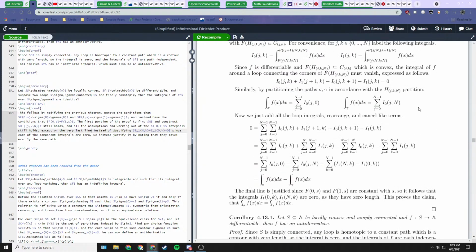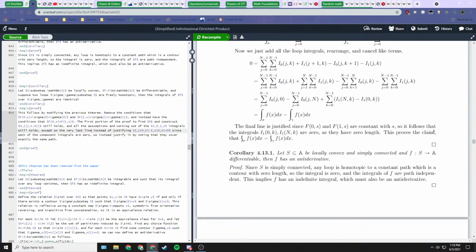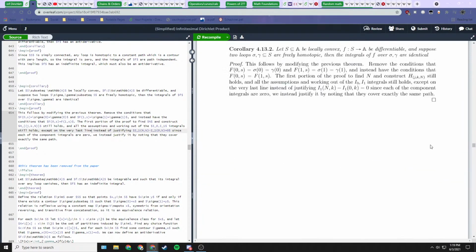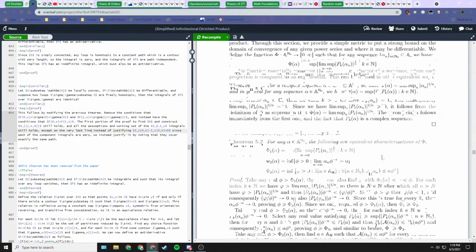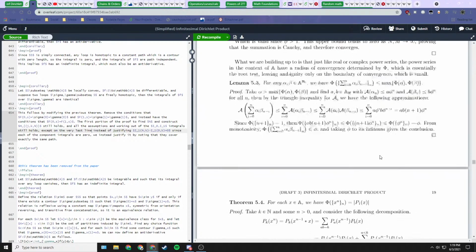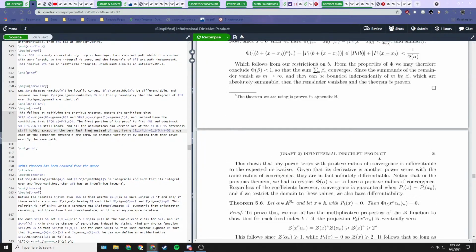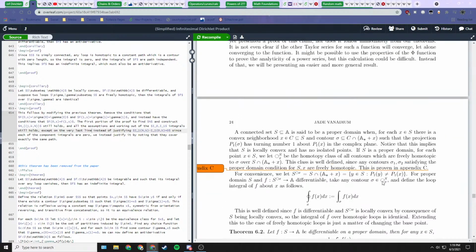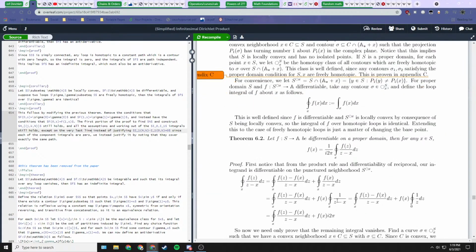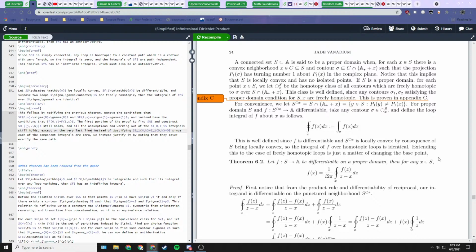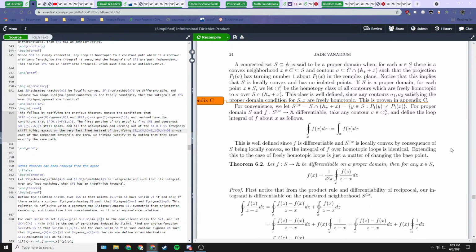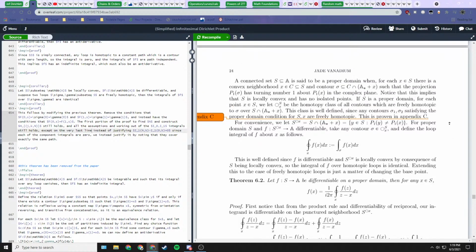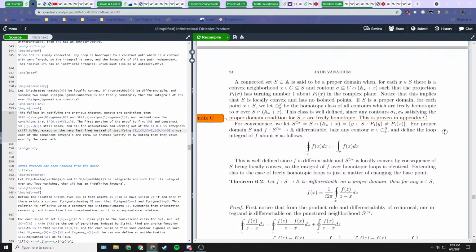Okay, so that's that one down. So we got that little assumption out of the way. Now we have this free homotopy of loops, that works. So we've got that down.